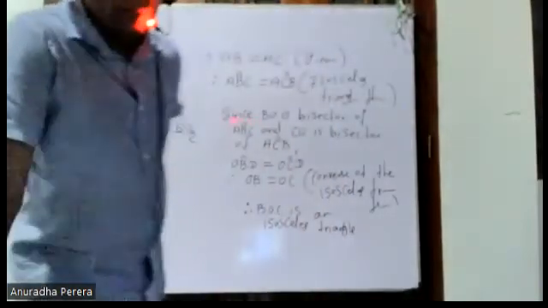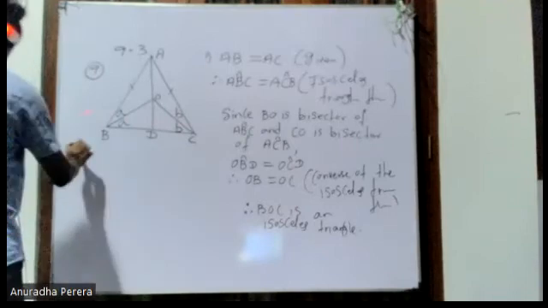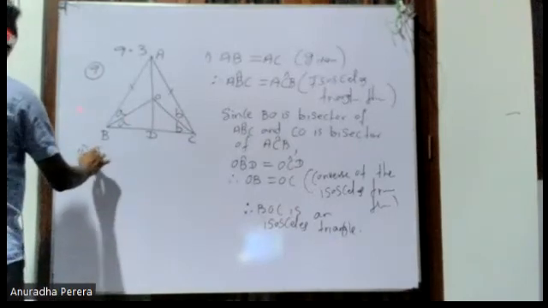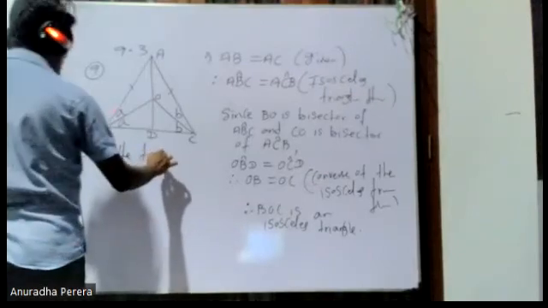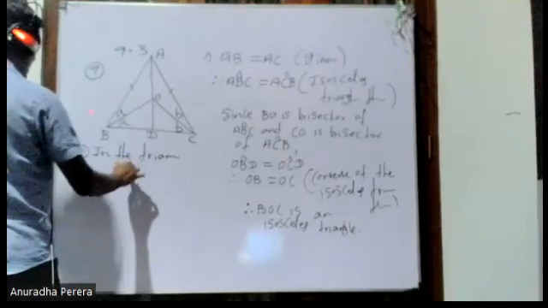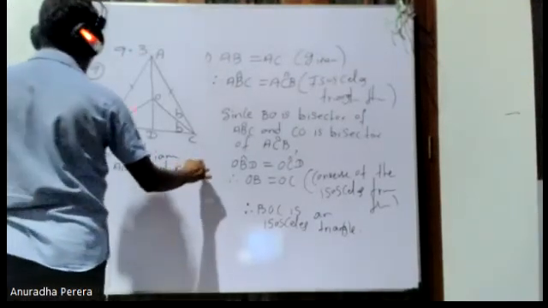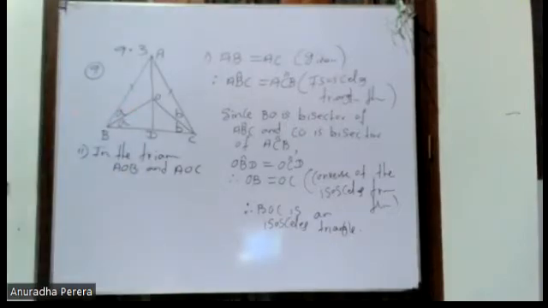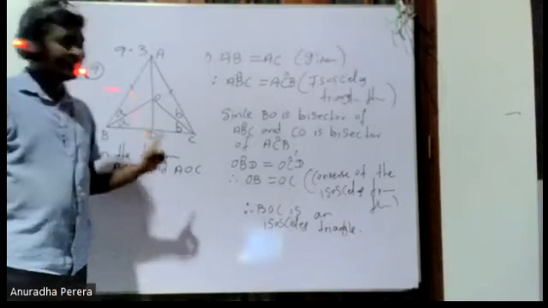Right. The second part, AOB congruent AOC. In the triangles AOB and AOC, when proving these two are congruent, what is the case? Tell me, what is the congruent case?